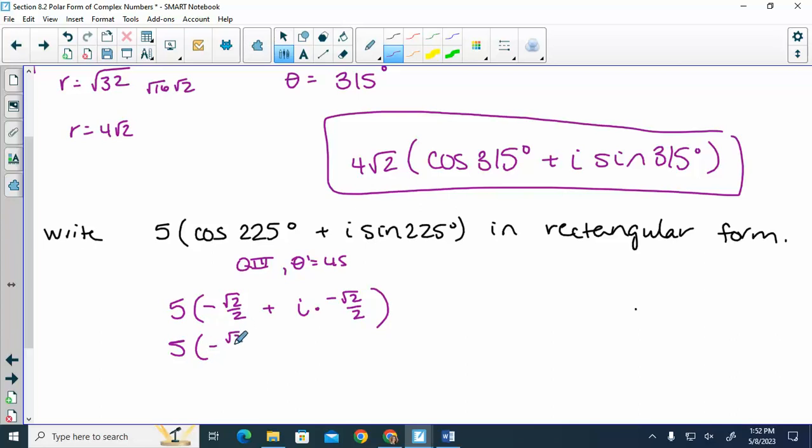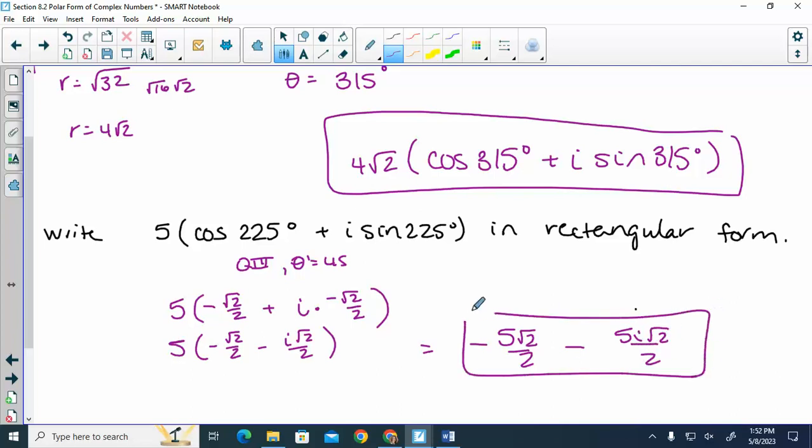If you need to, you can rewrite that. So if you distribute your 5, you get -5 radical 2 over 2 minus 5i radical 2 over 2. So rectangular form is just a plus bi form. Polar form or trig form has sine and cosine. That is all we are doing, and I have a short handout.